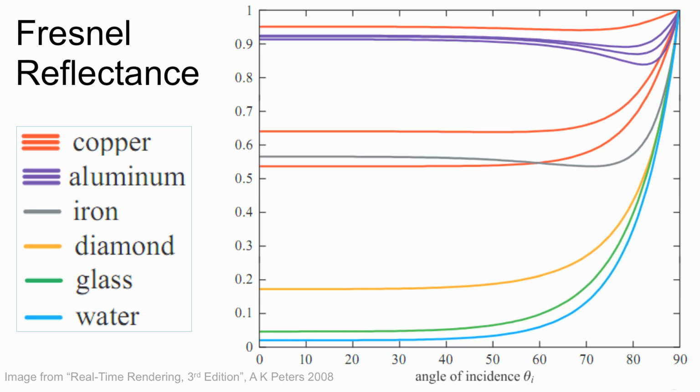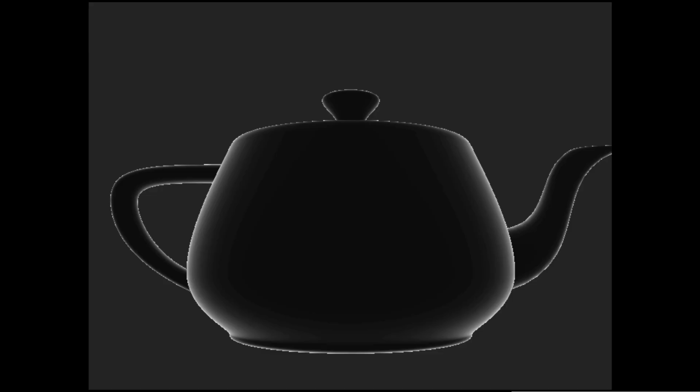Now, if you look at Fresnel reflectance, you can see that it has a very specific kind of behavior. If we look at an optically flat surface, the relevant angle for Fresnel reflectance is the one between the view and normal vectors. Here I'm visualizing the Fresnel reflectance of a teapot, and we can see that it has a very dark reflectance color in the middle, and it brightens to white at the edges.